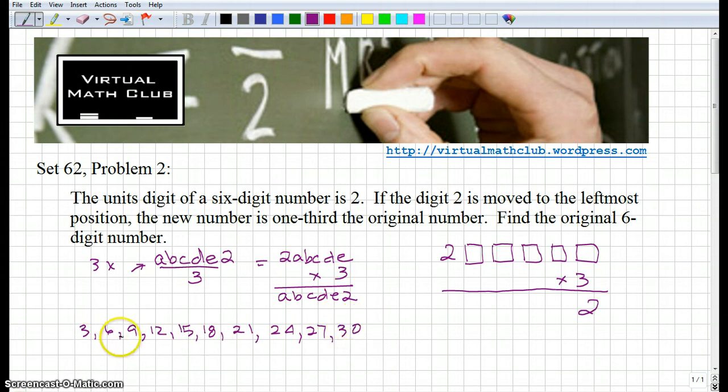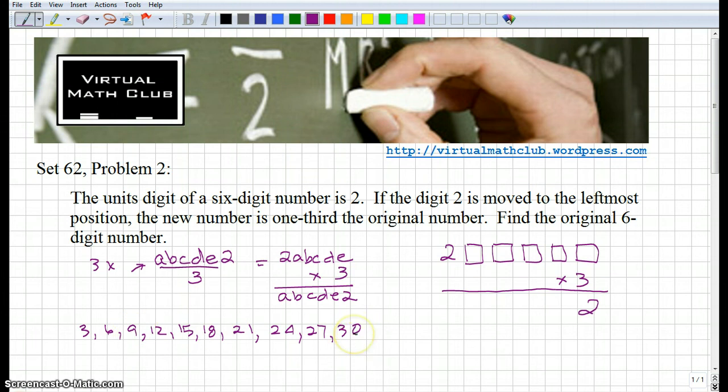If you look at the units digits within this block, you can see that we don't have any that repeat. In fact, we've got all the digits covered: a 1, a 2 in the 12, a 3, a 4, 5, 6, 7, 8, 9, and then finally a 0.